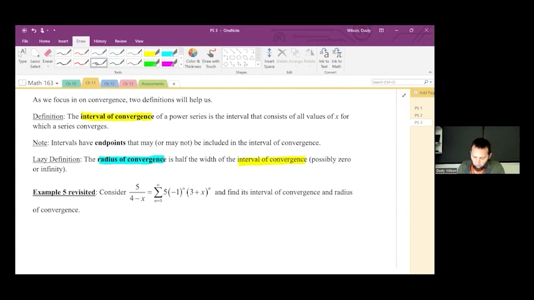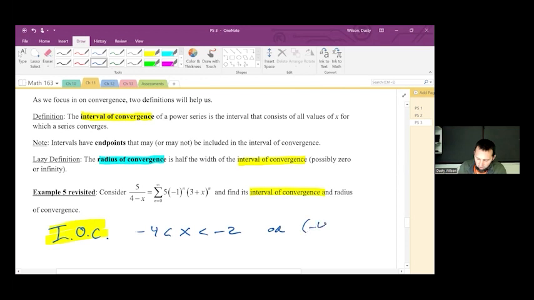Well, good news, we already found its interval of convergence. I'm going to call that interval of convergence the IOC. And we already found that to be negative 4 less than x less than negative 2. Or if you prefer, negative 4 to negative 2.